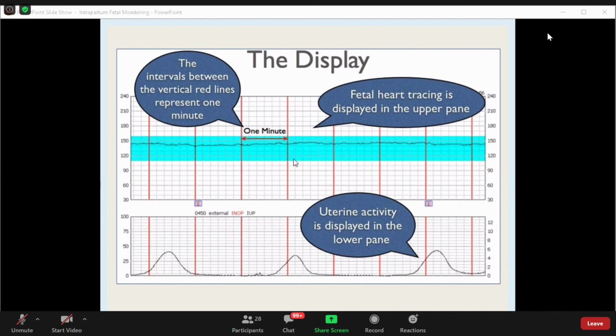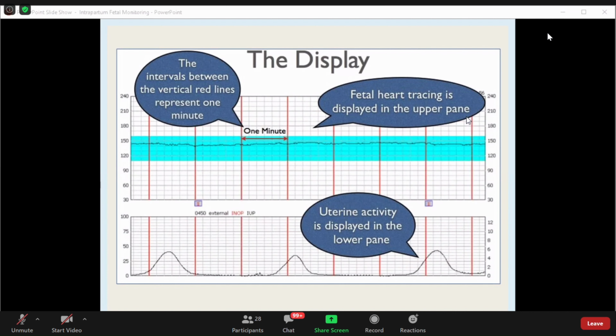So between the bold lines, you have 1 minute. Now, regardless of who manufactures the paper, the upper pane, this upper part is always the fetal heart rate. The lower part is always the contractions.